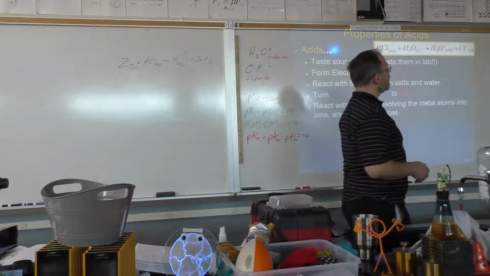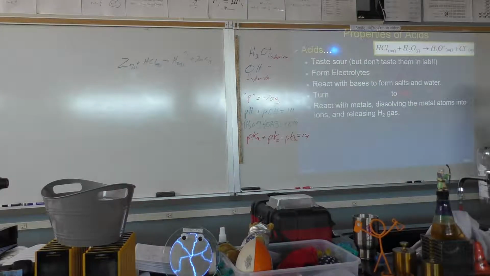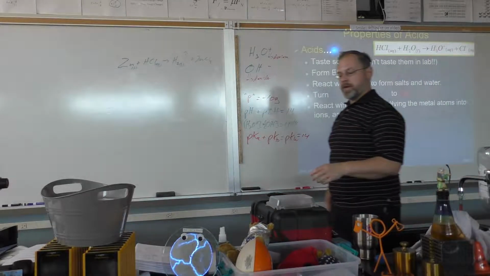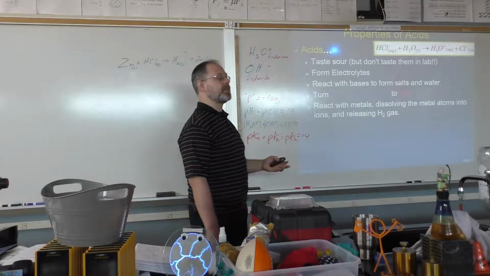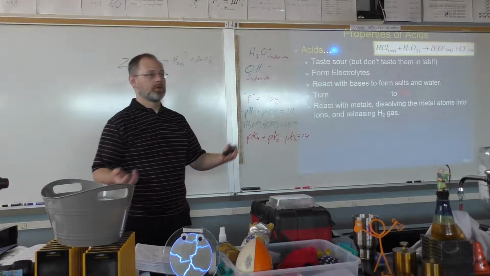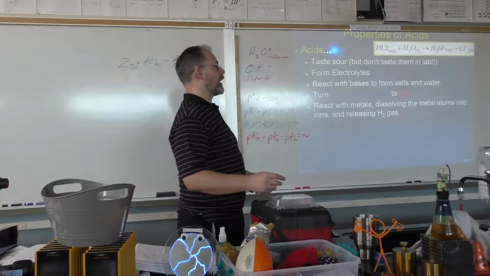And if you remember your activity series from up here, you can't see it because it's super small and dark, but anything above H2 on the activity series will react with acids. So this is why we knew that the acid that Brent's would react, because aluminum is way up there next to magnesium and manganese. So any metal that is above hydrogen in the activity series will react with acids and release H2 gas.